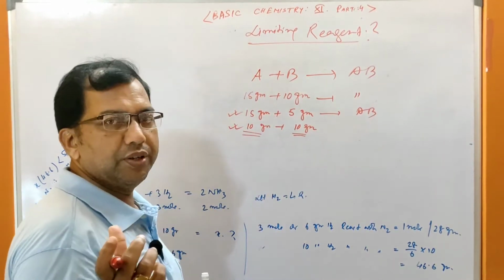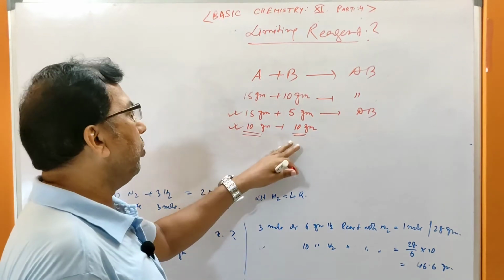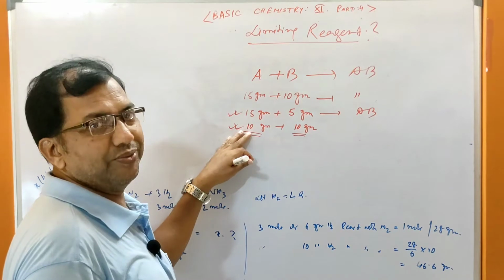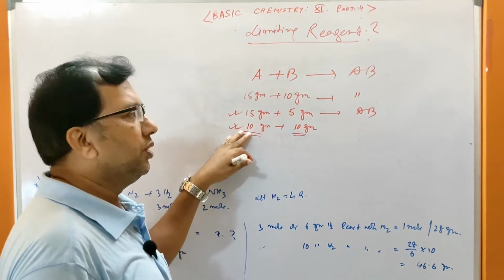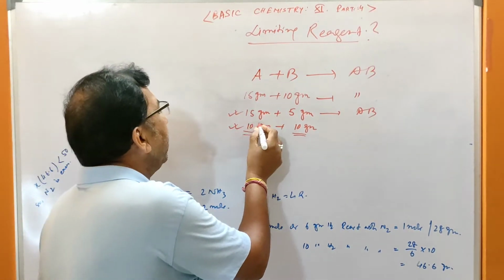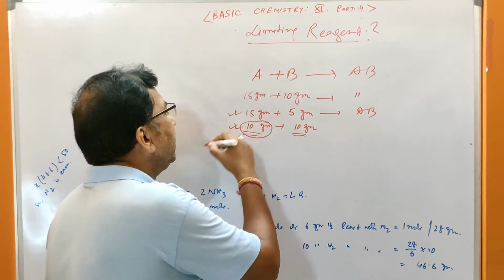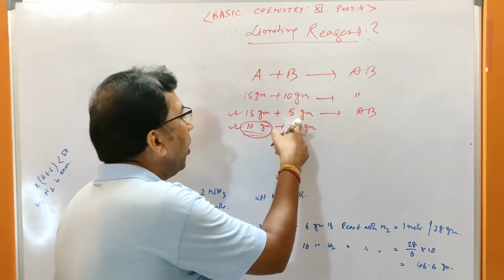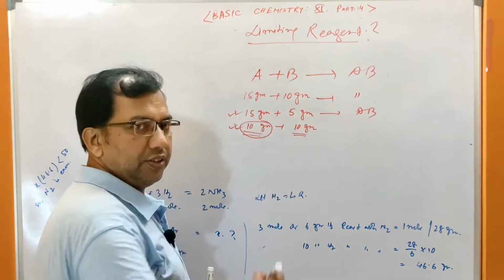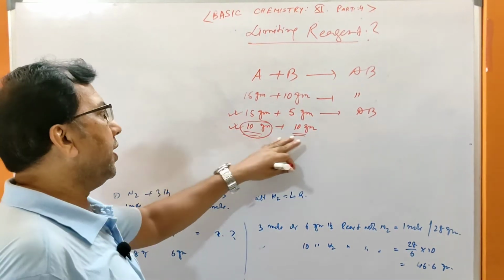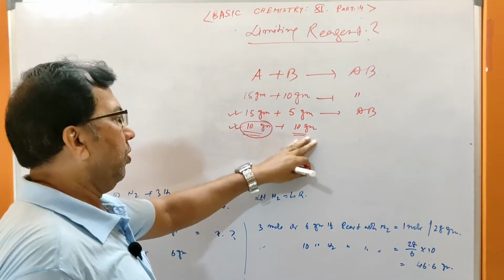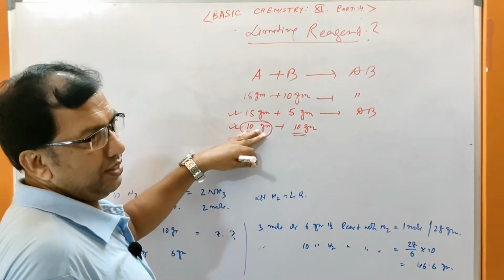But I have to limit. I do not bother about what is my excess. I will bother about what is less in amount. Okay, that means I have to depend on only this reactant. Depending upon this reaction, we have to find what amount of B is required. 10 gram of B is not needed for 10 gram of A. Okay, so this is the limiting reagent.